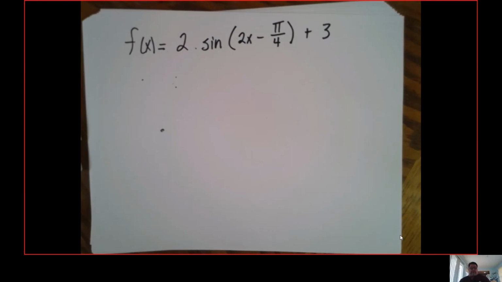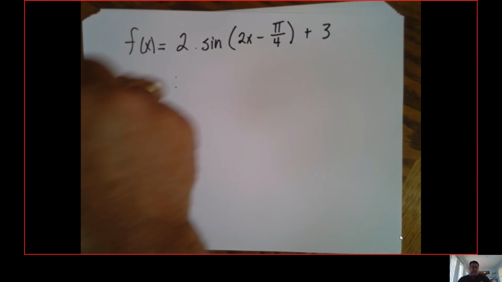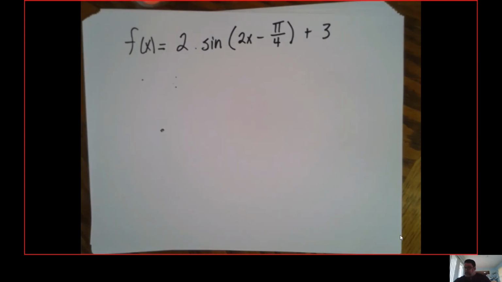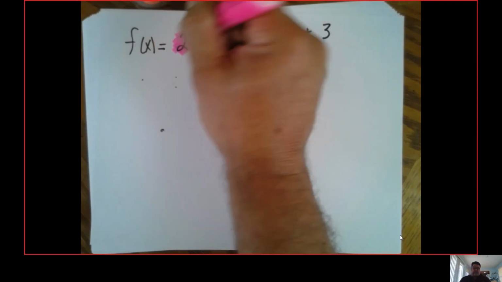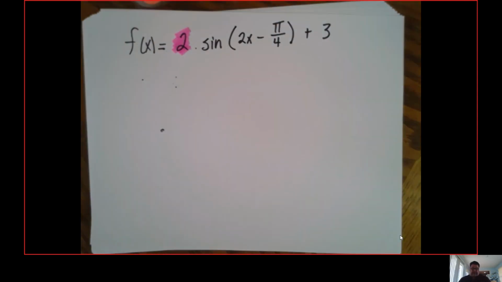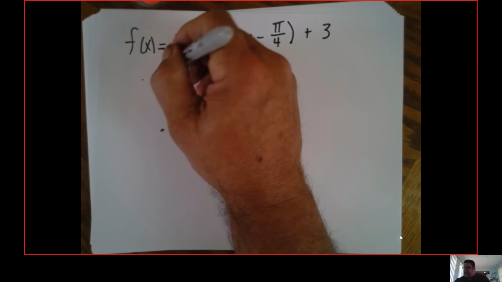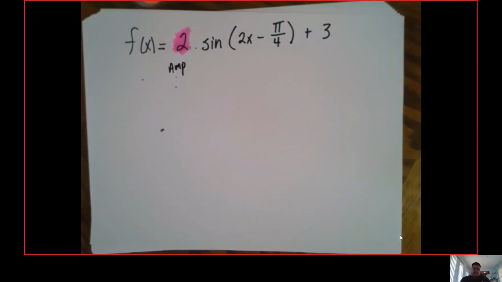Now, if you don't remember your trig, then I'm going to go over it right quick. I'm going to give you different colors. This right here, what I would call A, or orientation, basically is your amplitude. Just put amp for amplitude.